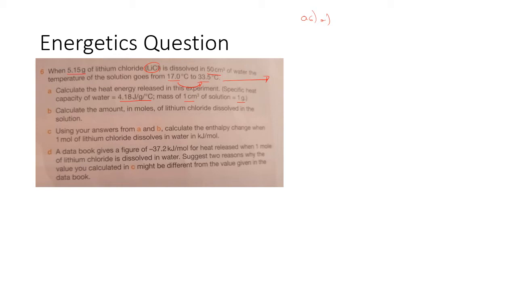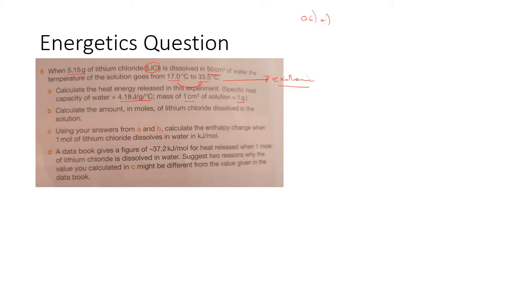So this is an exothermic reaction. This is better explained in the first video of this short series. So if you're having trouble with this, go back, watch this, and come back after you've finished.